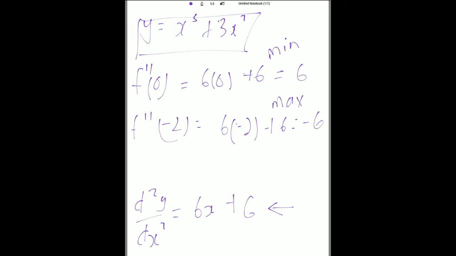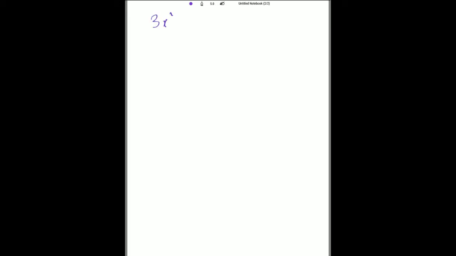So now let's go on a clean page. And what we need to do is to take note of the first derivative, which would be 3x squared plus 6x. And we're going to be taking note too of the stationary points, x equals 0 and x equals negative 2.